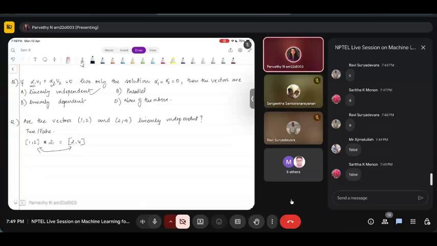That also means, what will be the span of this? Is it R2? Is it a line? Is it a point?